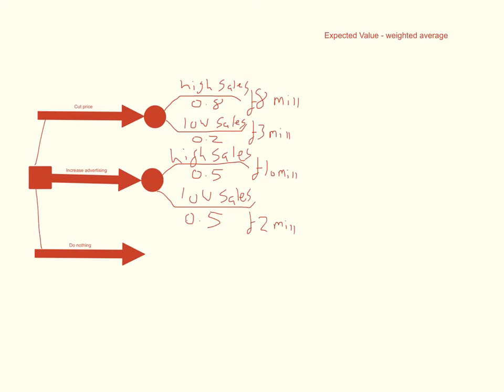Okay, so to do this we use a formula, and the formula is basically the probability of outcome 1, which in this case is high sales occurring.